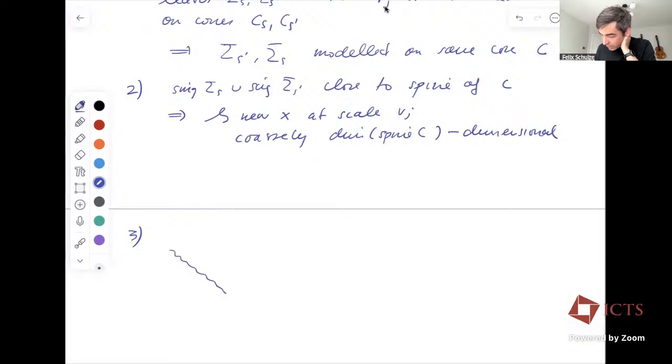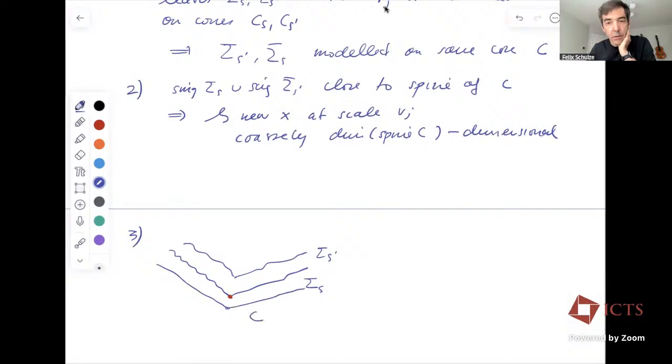Let's say this is sigma s. Here's the singular set, and we have sigma s prime, and they're both modeled on this cone C. They roughly look like this cone C. Okay, that would be kind of the picture.